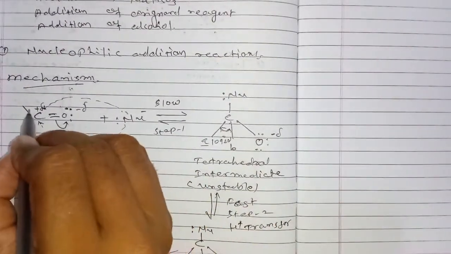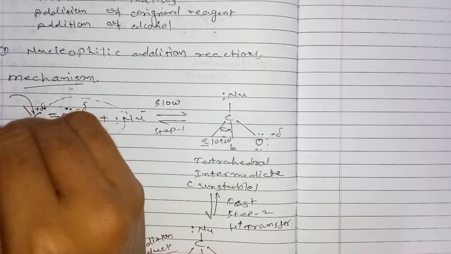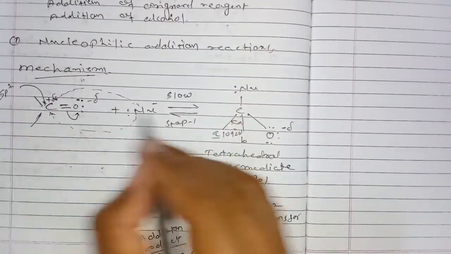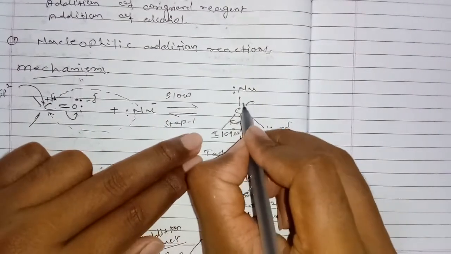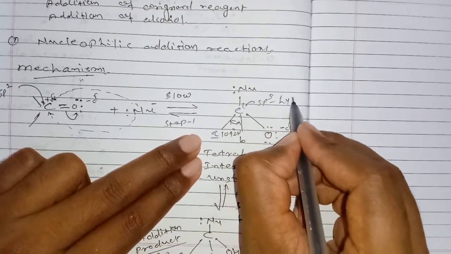And here the carbon of the carbonyl group is sp2 hybridized, and it changes to sp3 hybridized carbon.